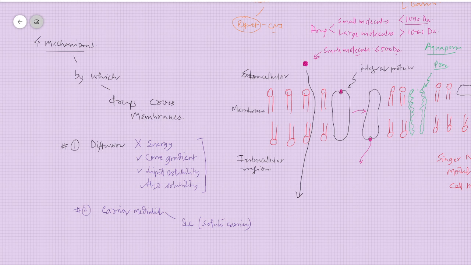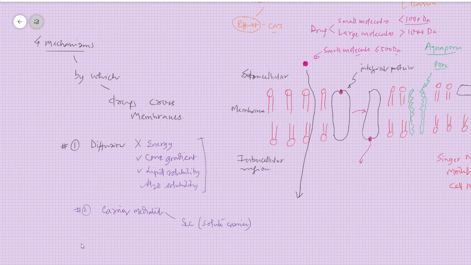So this would be a peripheral protein. A carrier is basically an integral protein. Again, it doesn't need energy. This carrier is specific. It binds and then it flips and delivers the drug. So the second mechanism is carrier mediated.